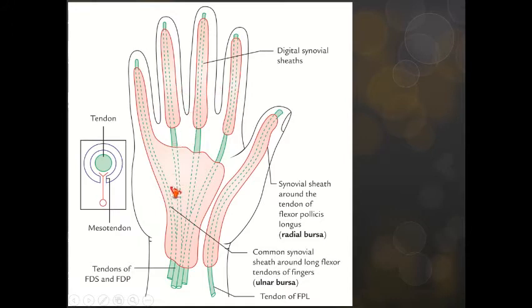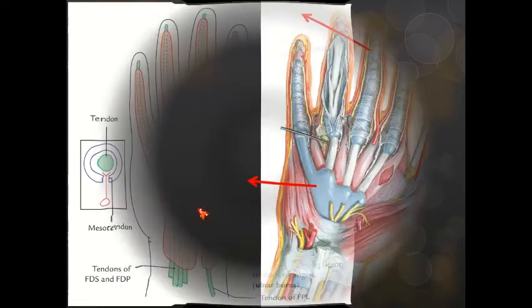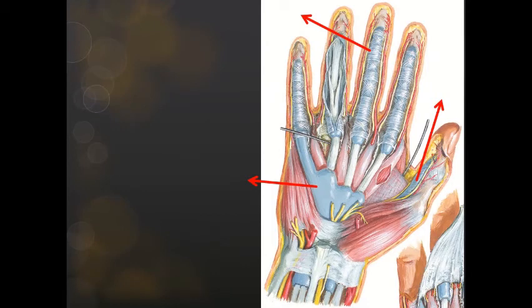That is why the infectious fluid does not cross the barrier and reach the index, middle and ring fingers. It reaches only the little finger. So here you can see the ulnar bursa towards medially, and towards laterally you can see the radial bursa as well.